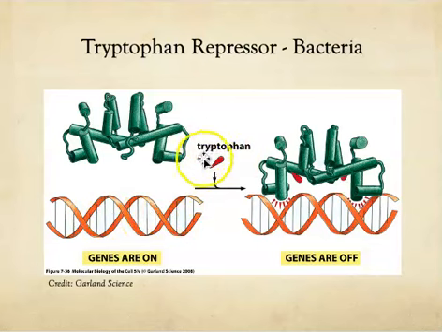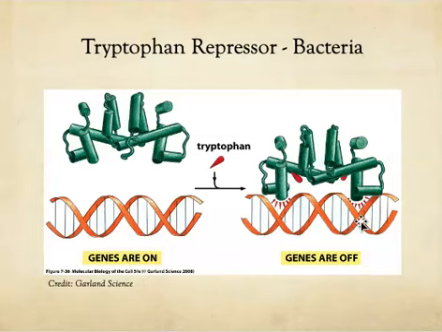When there's a lot of tryptophan around, that tryptophan is going to bind to the repressor protein and cause it to change shape. That will activate this protein. When it's activated, it will be able to bind to the operator region of the gene and turn that gene off.